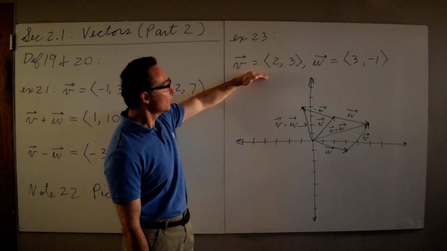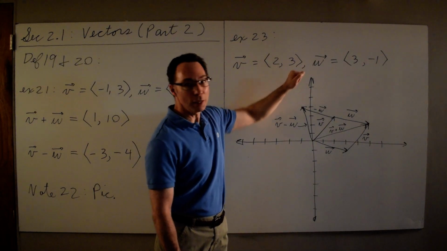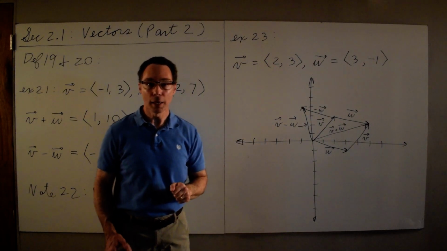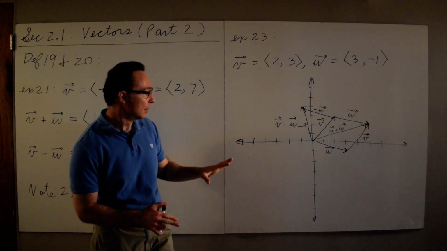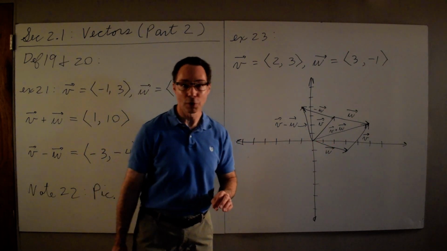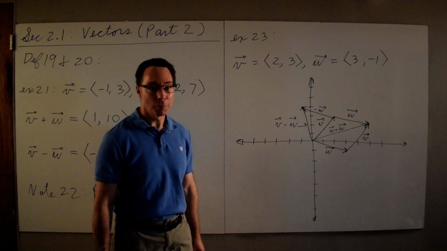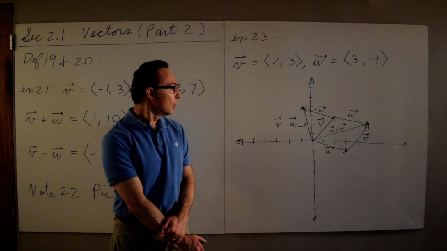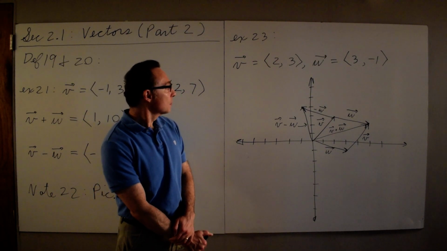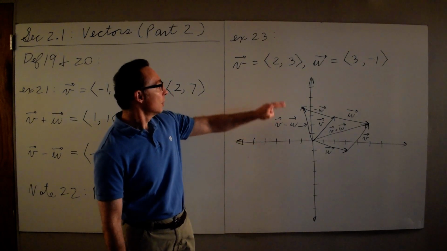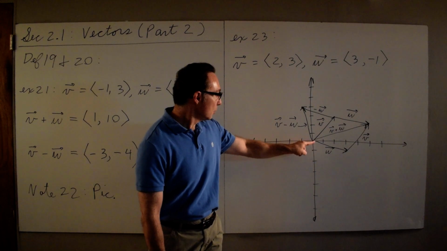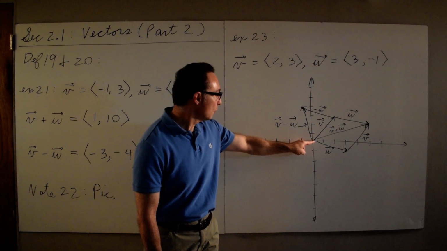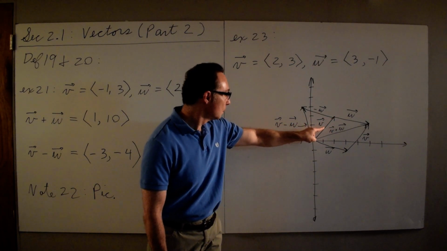We have the vector 2, 3 and the vector 3, -1. And we've been asked to draw a few things in that picture. And this is the end result, and it looks very busy and very crowded, but I will break it down for you piece by piece. So the first thing we wanted to do is draw the vectors v and w. Now, the position vector representation of v is right here.